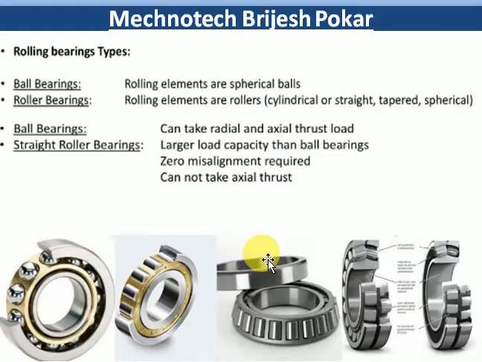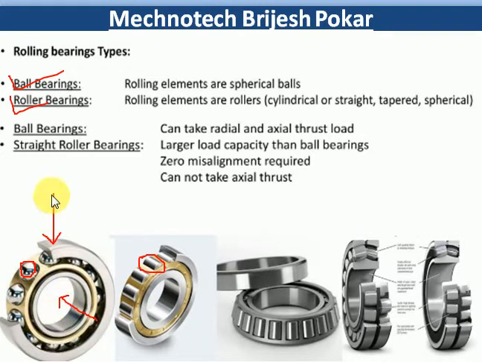Okay, now in a rolling contact bearing there are two types, that is ball bearing and another one is roller bearing. So as shown in the figure, the ball is provided here in a ball bearing and the roller is provided for the roller bearing. But another thing, the difference between ball and roller bearing is, a ball bearing can sustain a radial load as well as axial load.